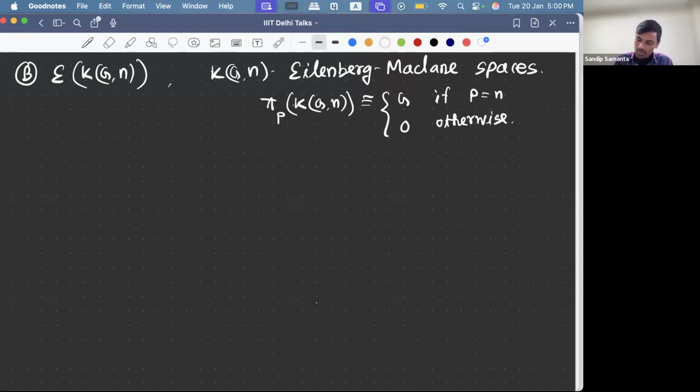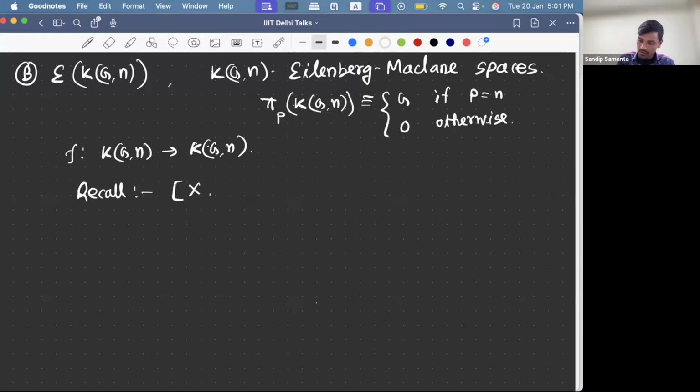But for these cases also, we can compute this E of K(G,n). So here, if we have a map from K(G,n) to K(G,n), then we use this classical result. Recall that there is a correspondence between the homotopy classes of maps into these Eilenberg-MacLane spaces and the cohomology group.